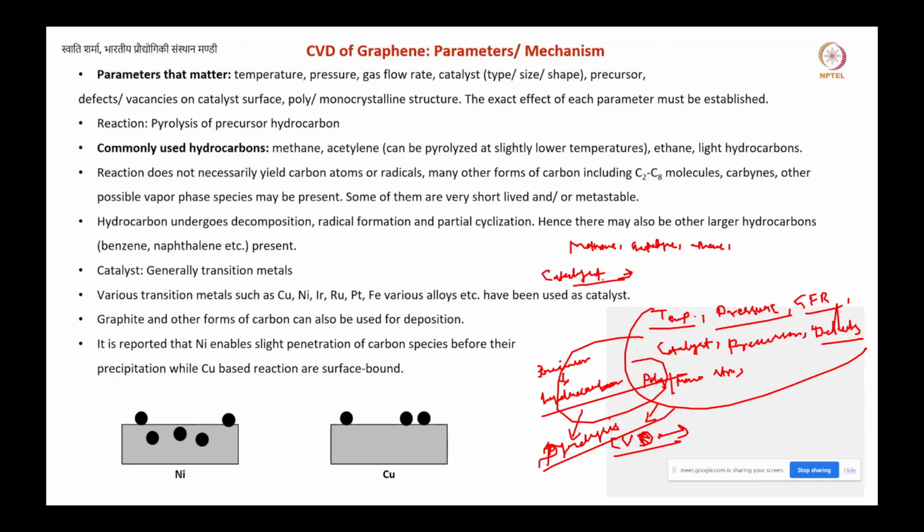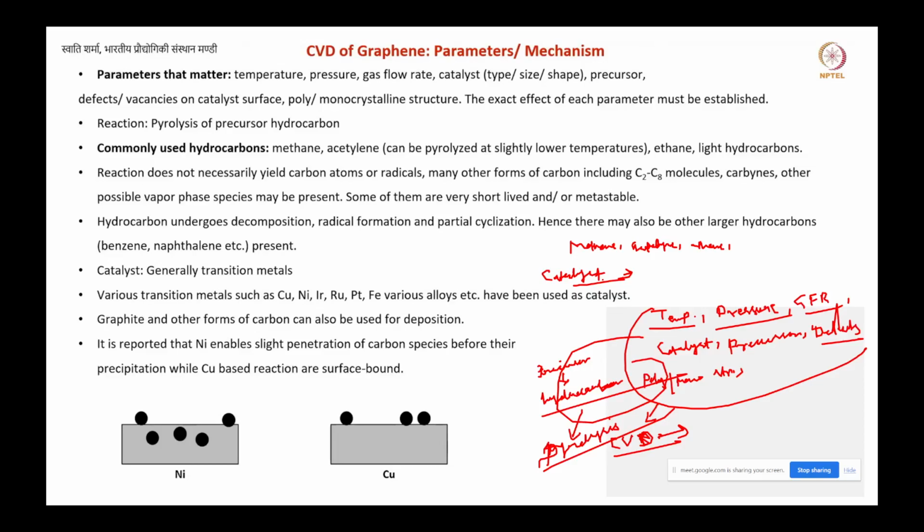The catalyst also plays an important role in your deposition process, such as what kind of catalyst you are using, and what its shape and size are. Generally, the catalyst material we use is transition metals. Okay, so what are the transition metals?